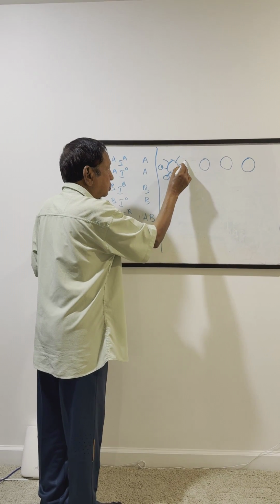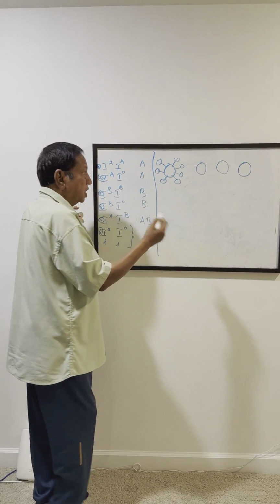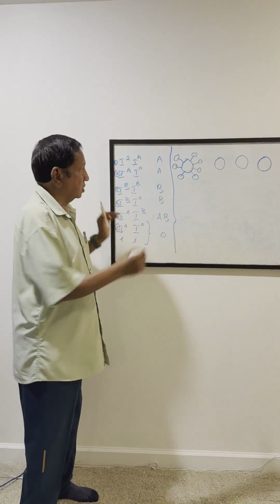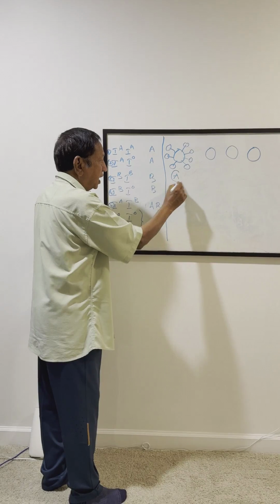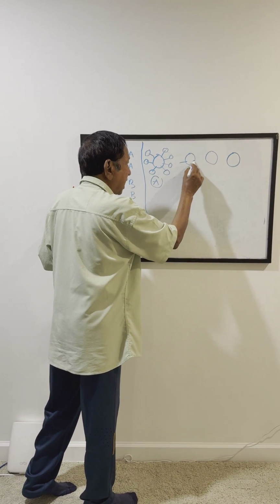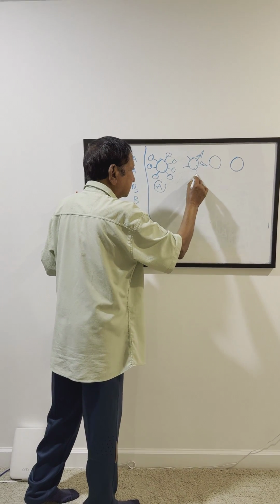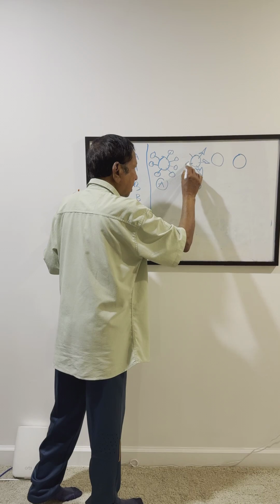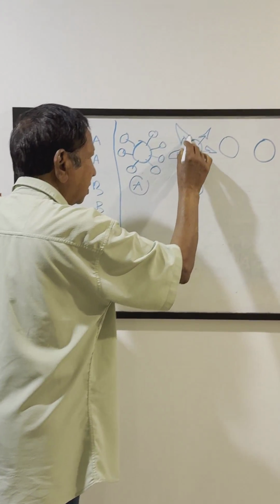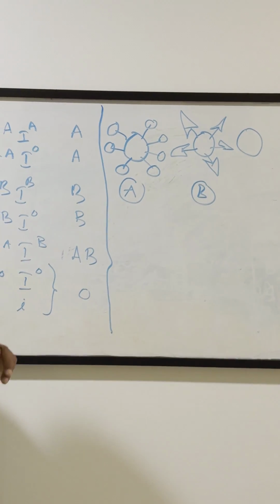This is what I referred to as isohemoagglutination, with reference to blood group A. Diagrammatically, I represent the antigen B like this. Now you see the difference between A antigen and B antigen.